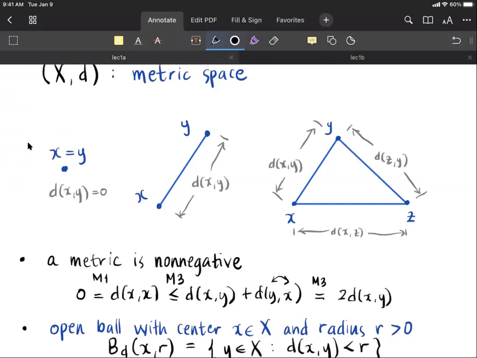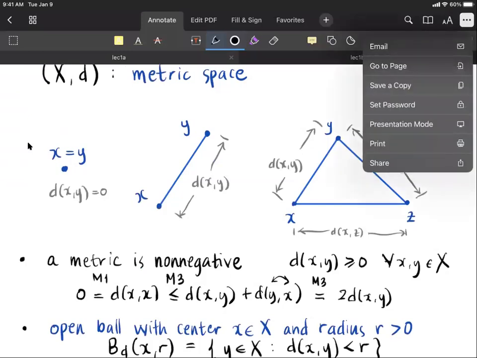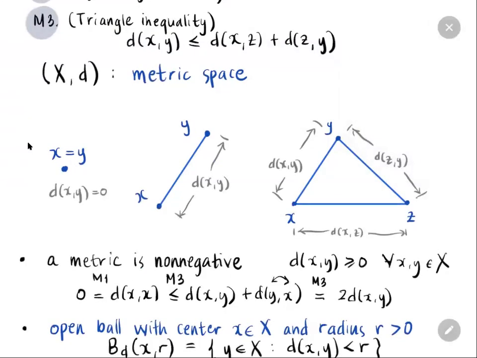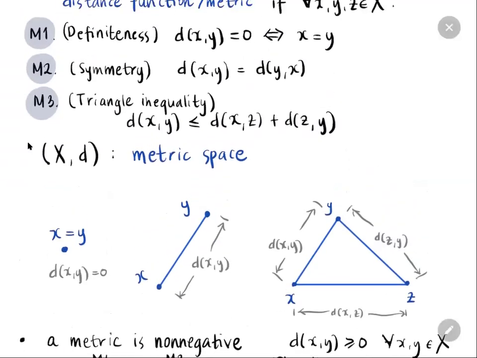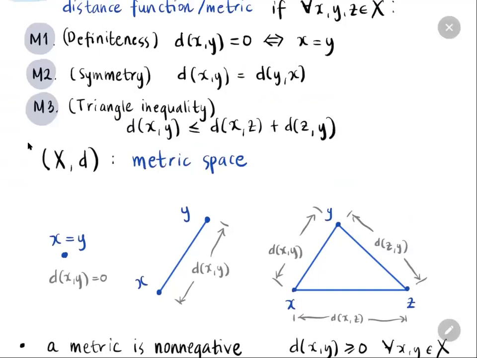Okay, so dividing by 2, we can see that the distance between x and y is non-negative for all x and y in the set capital X. So the three properties here, M1, M2, and M3, indeed imply that a metric or a distance function is non-negative.